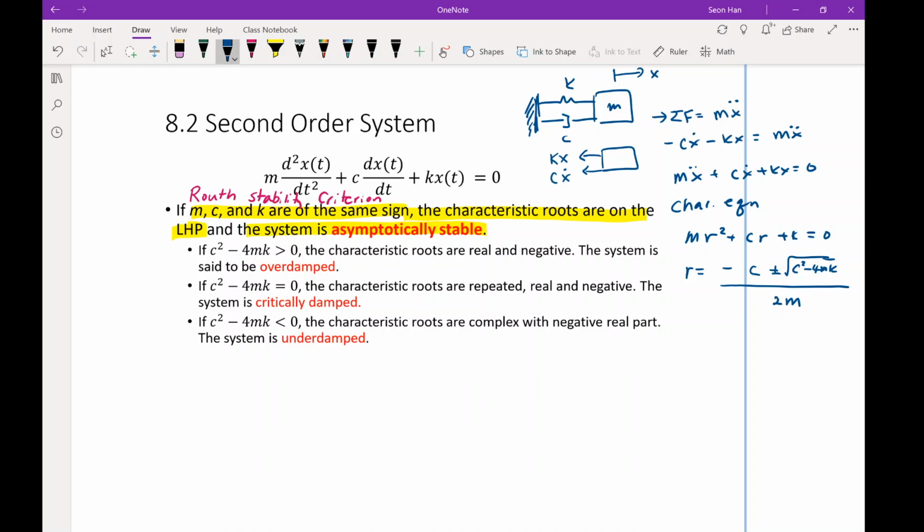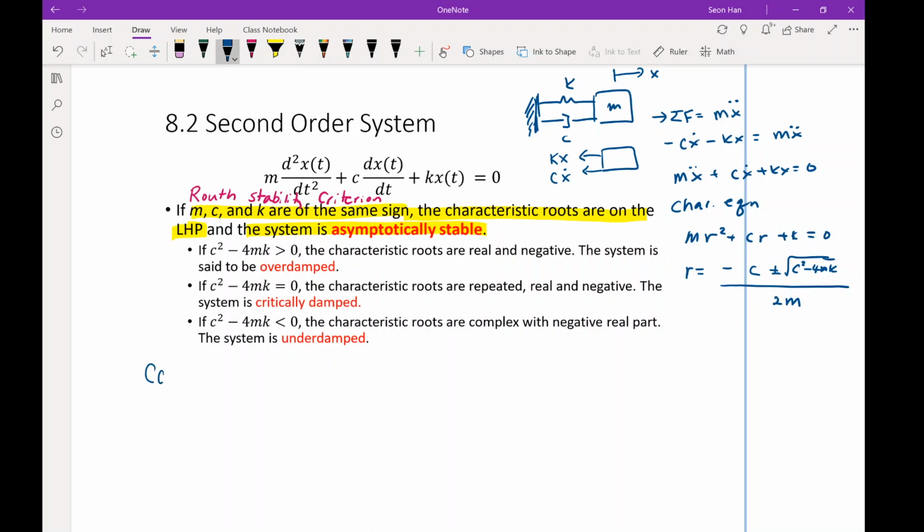When you examine this carefully, if M, C, and K are all positive, r is always either negative and real, or, if the expression under the square root is negative, a complex root with a negative real part. You can divide this into 3 cases.